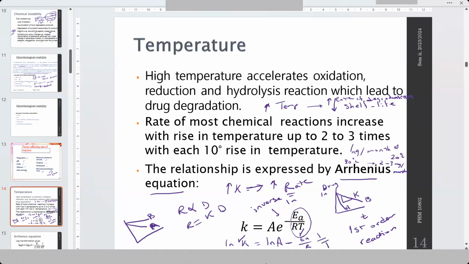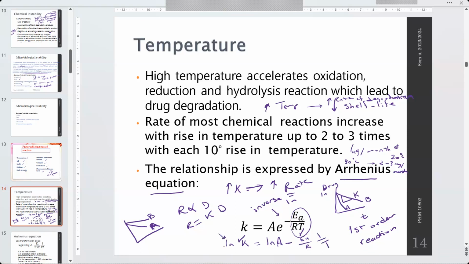Okay? Is this a linear equation or not? Here is y. 1 over T is x. EA over R is the slope.